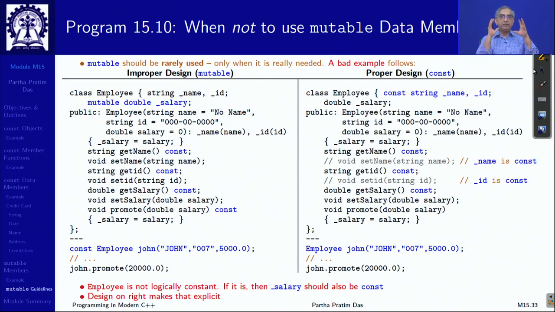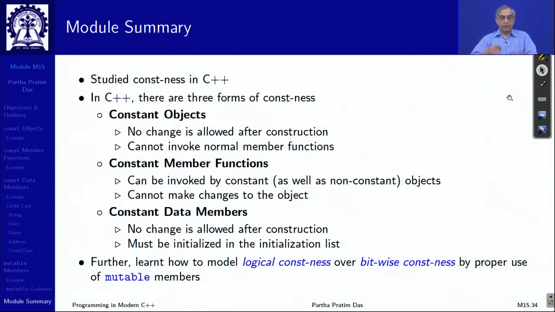You have to ask yourself conceptually, is this object constant? Whatever is conceptually constant you go by that, then the rest you handle either by constantness of data members or by mutability of data members, and you support your design through the constant member functions. This, in a nutshell, is what your design of constantness should be doing.